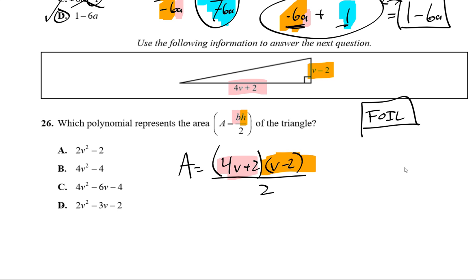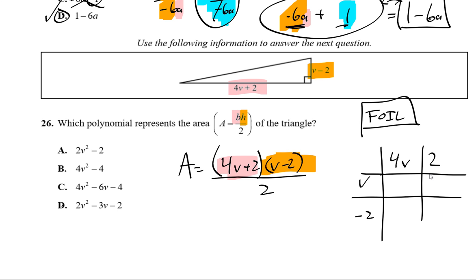So on the top, we've got 4v plus 2 and v minus 2. I'm going to do the chart style, 4v and 2. When it's a positive 2, I usually just don't write the sign. And here v and negative 2. This is FOIL, but just written out in a different way. 4v times v is 4v squared. 4v times negative 2 is negative 8v. 2 times v is 2v. 2 times negative 2 is negative 4.